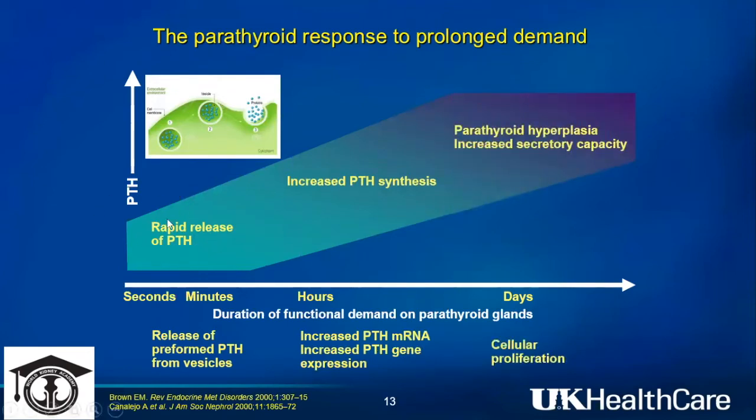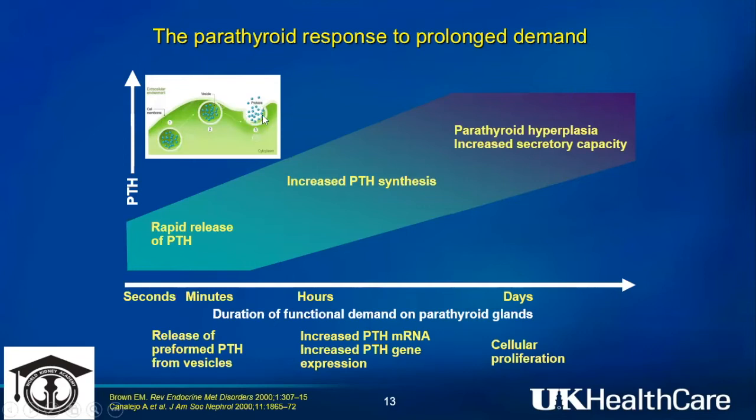If the serum calcium level goes down, or there is more need to release PTH to maintain the normal extracellular calcium concentration, then by a process called exocytosis, the vesicles inside the gland start to move toward the cell membrane, then rupture, then release in seconds. It's a very quick process to maintain the extracellular calcium concentration.